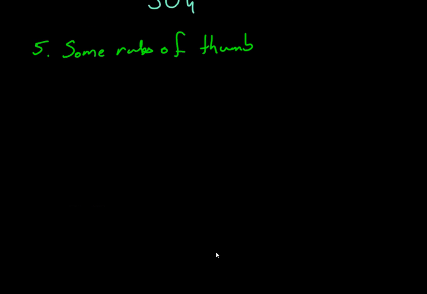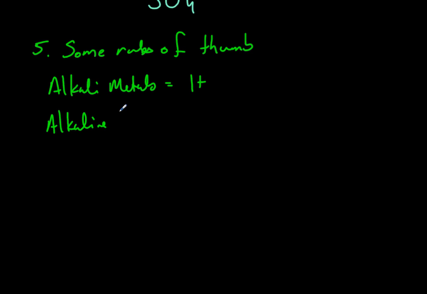Okay, so the first is that alkali metals generally, almost always, have oxidation numbers of +1. Alkaline earth metals equal +2, generally, almost always.